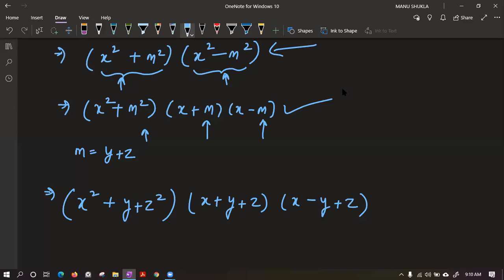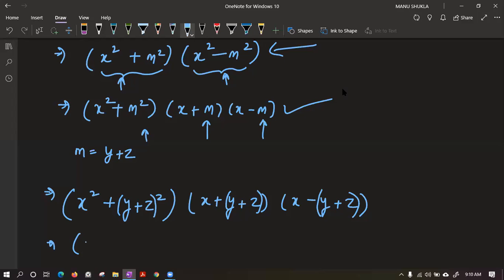Because I have told you, whenever we are substituting any value, we should always substitute in a bracket. So this bracket is very much important, and you will see how it changes everything.